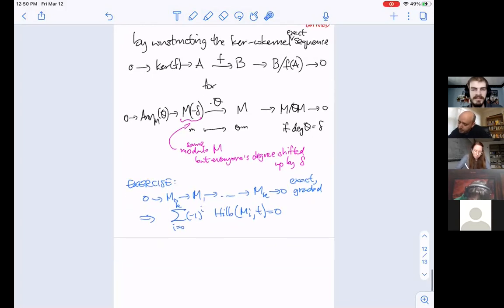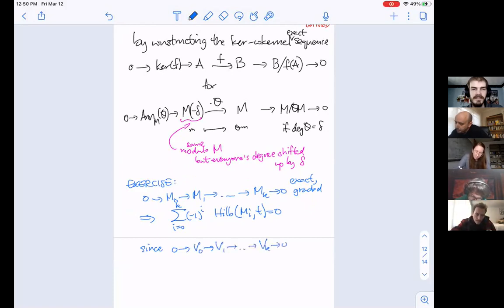And the reason is, what you really have to do is just work degree by degree and say the same thing about vector spaces and their dimensions. If this is exact as vector spaces, then the same is true, that the dimensions go like that. The alternating sum of the dimensions in an exact sequence is 0.